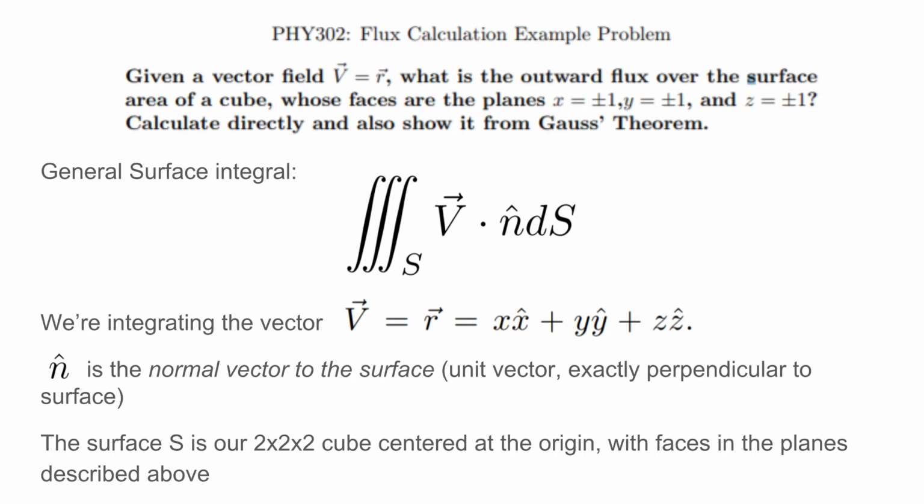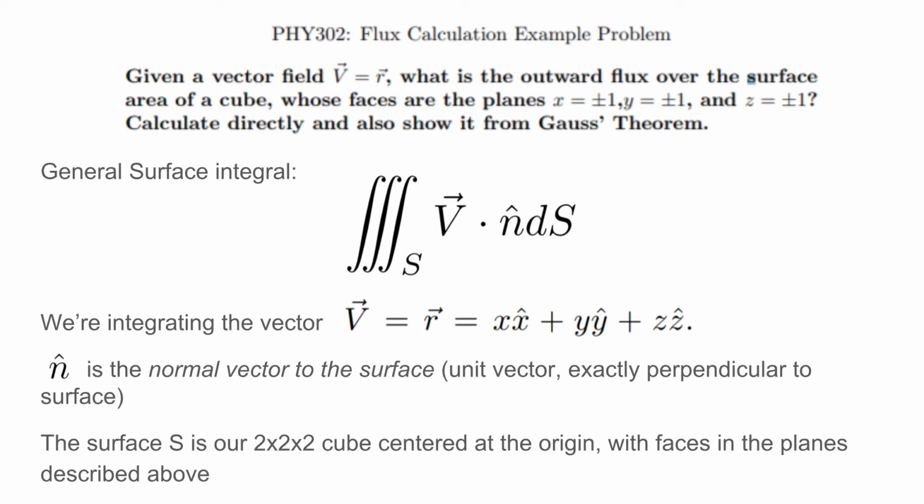The last component of this surface integral is n hat, the normal vector to the surface. If the surface is a plane, the normal vector will be perpendicular to that plane, and it's a unit vector, so it will have a magnitude of 1.